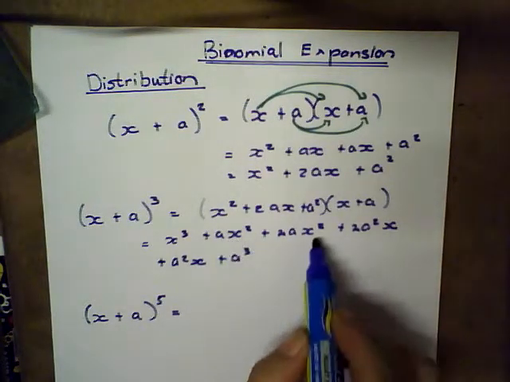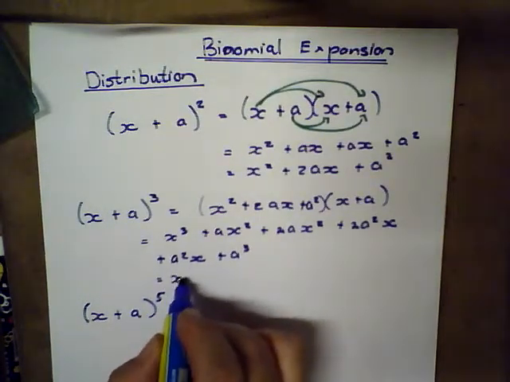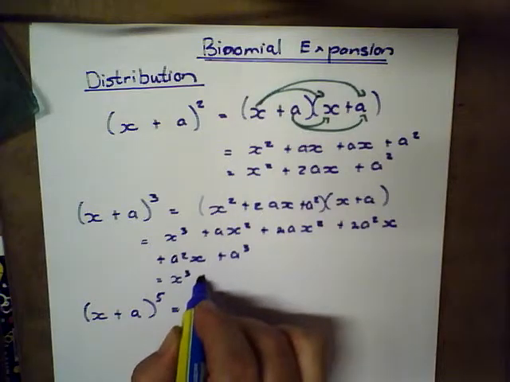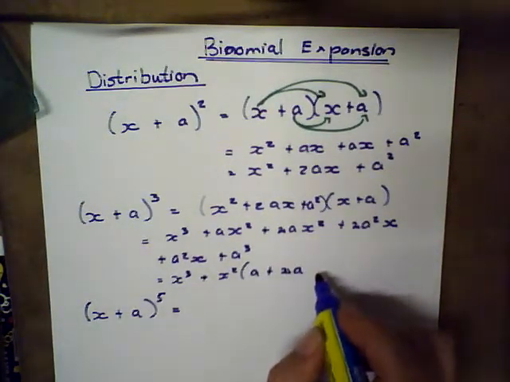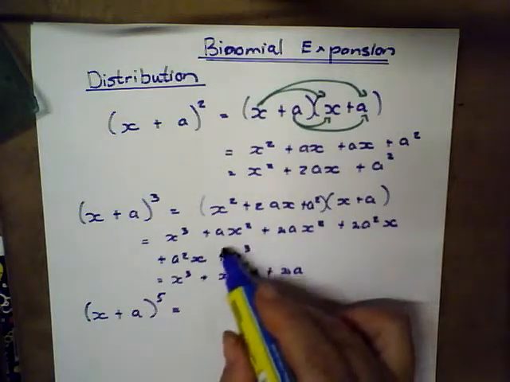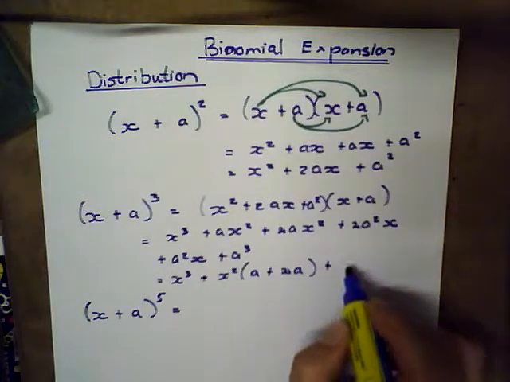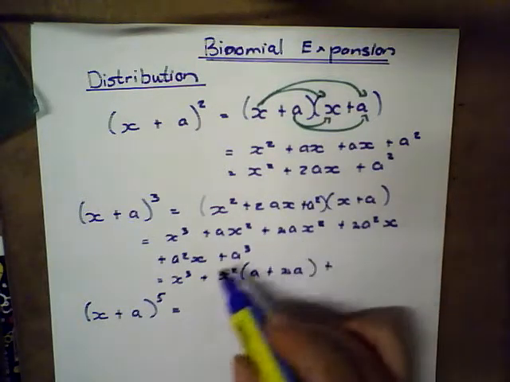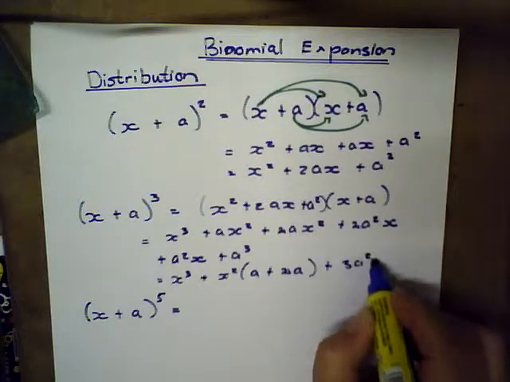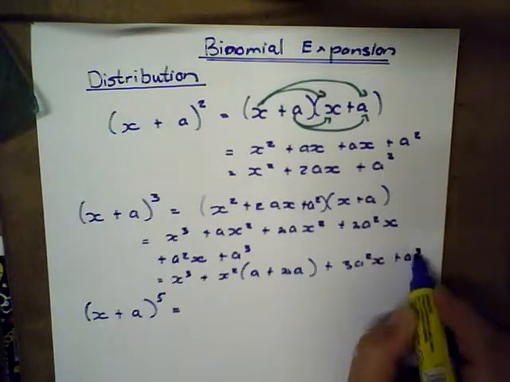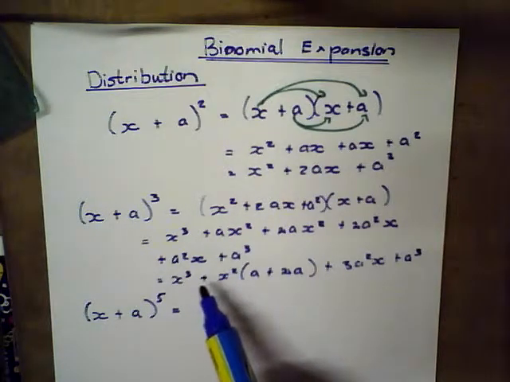Plus x squared a plus 2a, oh, we can do that as 3a, plus these two would give us 3a squared x plus a cubed. And we can see that we can simplify this to something.